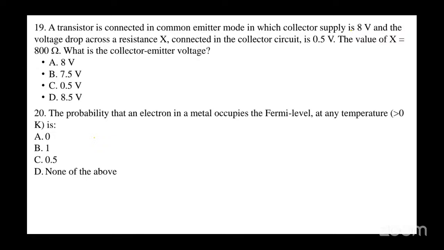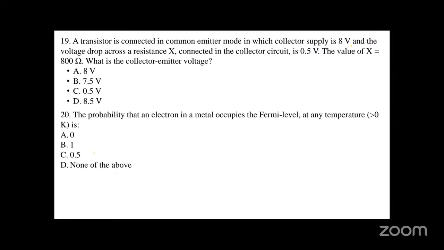The supply voltage is 8 volts, and then at the junction we have 0.5. So the difference between 8 volts and 0.5 is what you just need to know. That is 8 minus 0.5, which gives us the collector emitter voltage. It's a junction voltage.